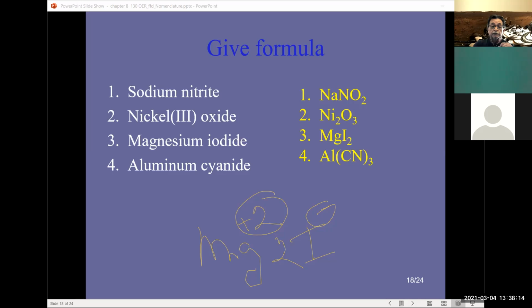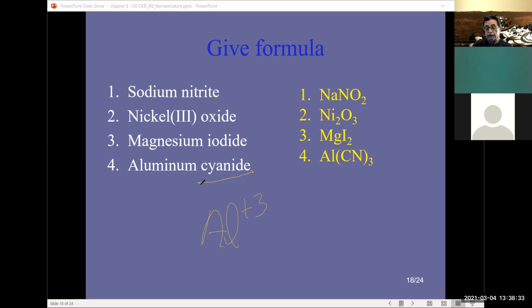All right, the other one, a little bit challenging here, but not too bad actually. We have aluminum. Aluminum is in group 3. It's a metal. It's going to lose 3 electrons.